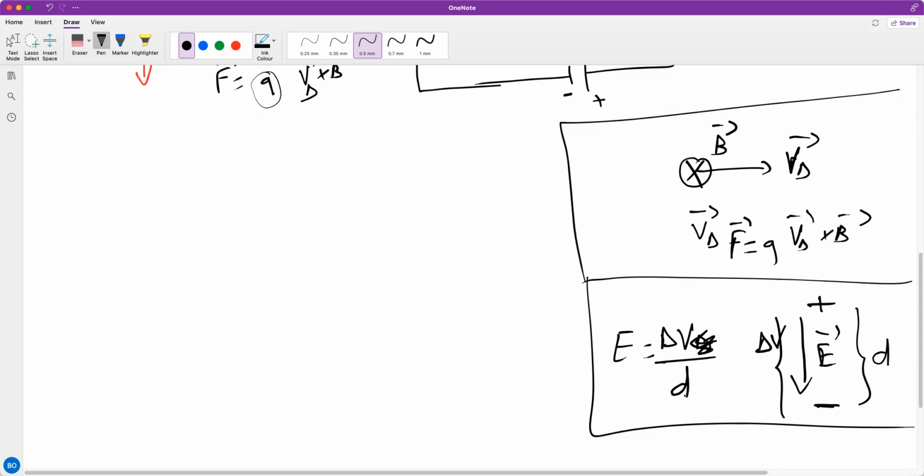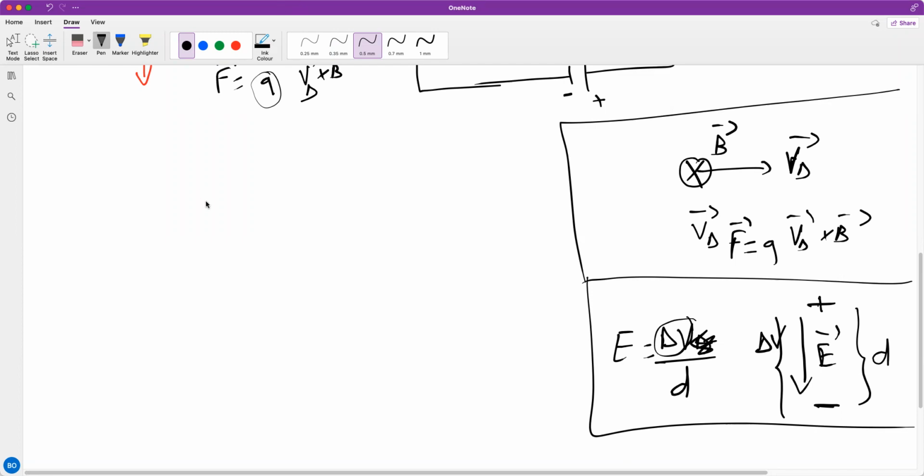It has nothing to do with the Hall effect. Yes, we use it in the Hall effect, but this is a rule for the electric field. Whenever you have a potential difference, it will create an electric field, and if it is uniform, as is the case here, it is equal to the potential difference divided by the distance, right?